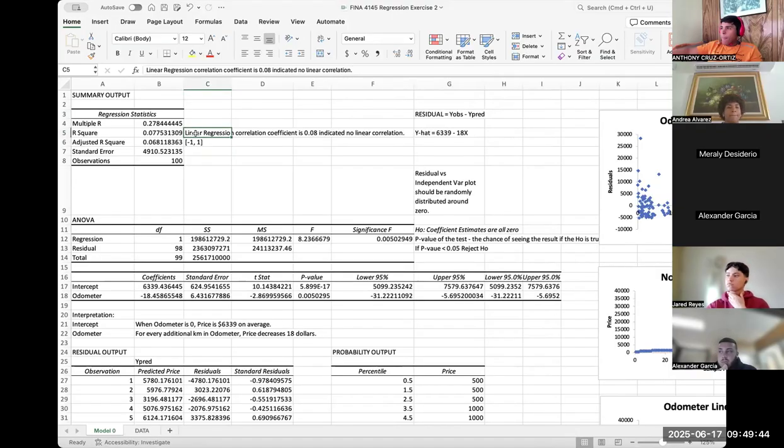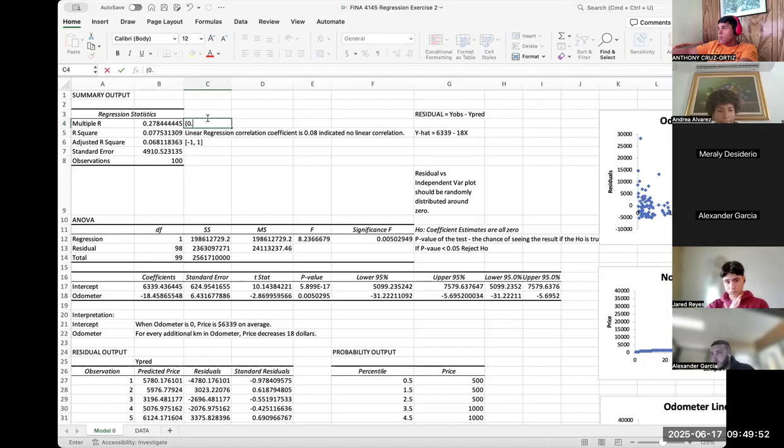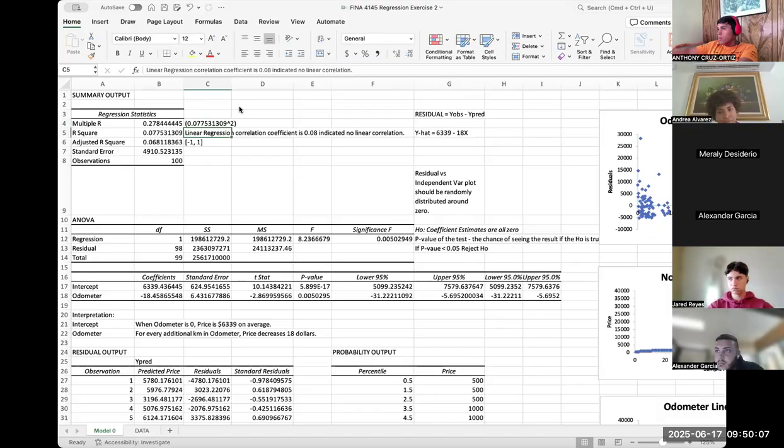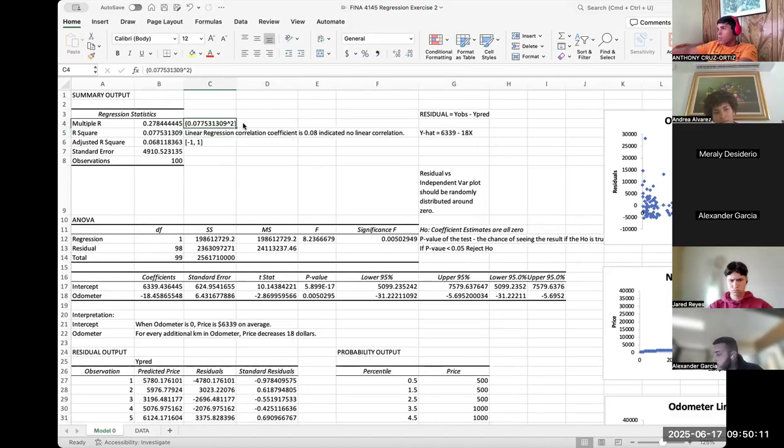Are we learning something? What is this one? This is virtually that number squared. That's what it is. Okay, so it's the R squared, and this one is interpreted as a percentage.